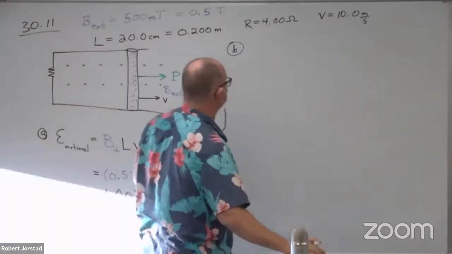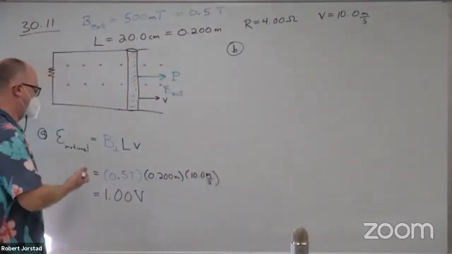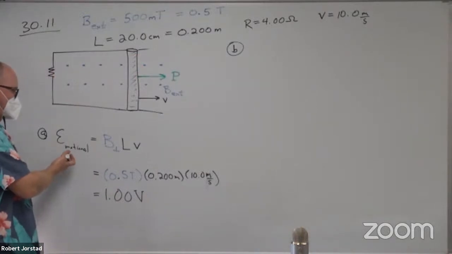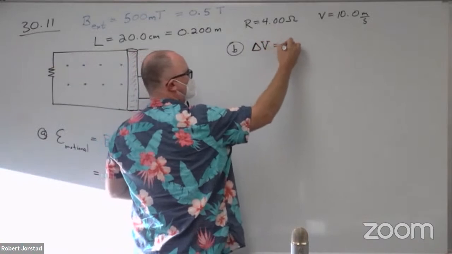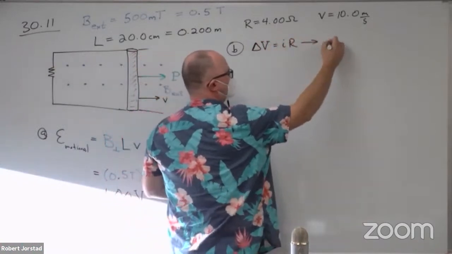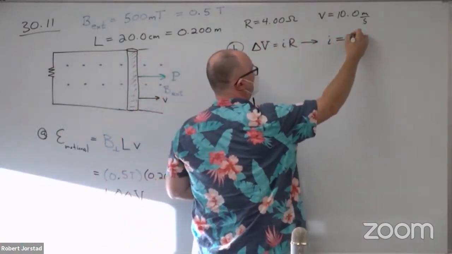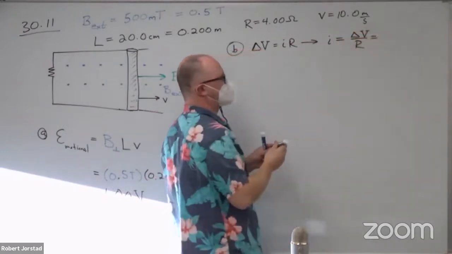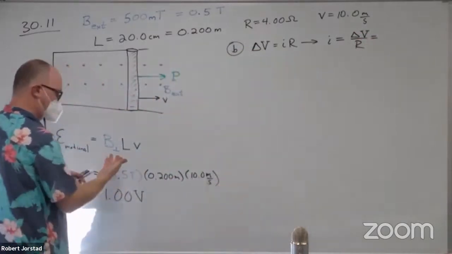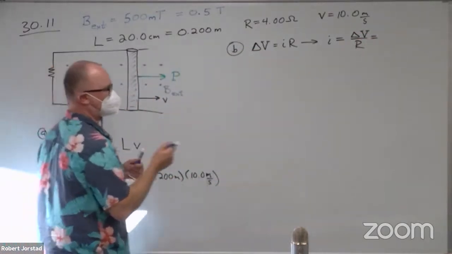Part B. What's part B? Determine the current. Yeah, we got delta V equals IR. Rearranging for current, I is equal to, and then, do you agree? I'm going to go ahead and use algebra just to get in the habit.